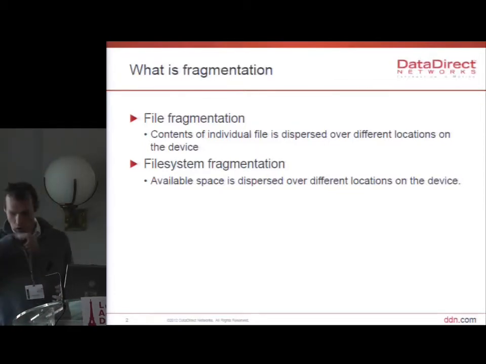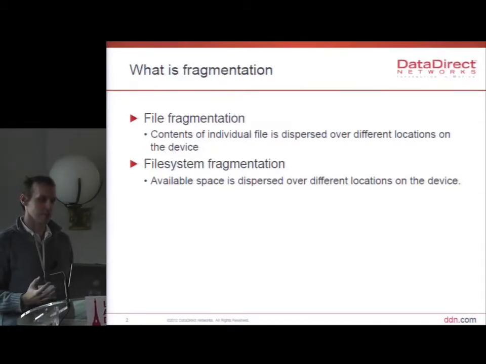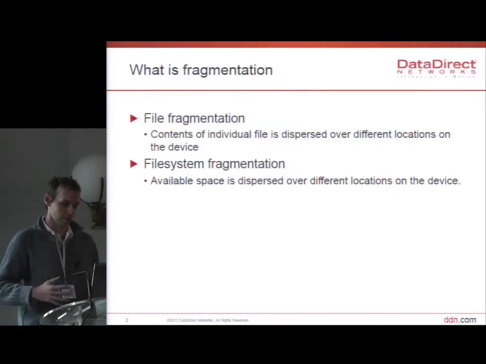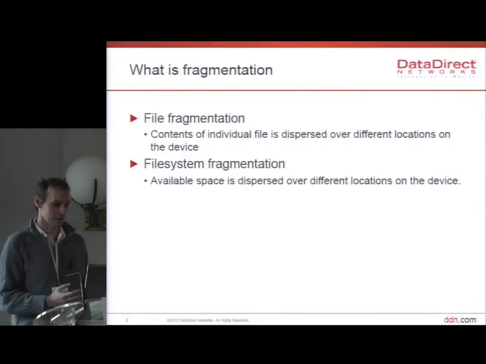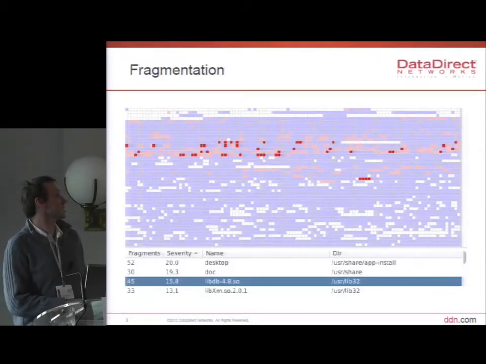That affects new files that are written when the file system is fragmented, but you also have this legacy problem: even if you defragment or recover space in the file system, you have a set of files on the disk that are themselves fragmented, so you have poor read performance. This is a stock image I found.